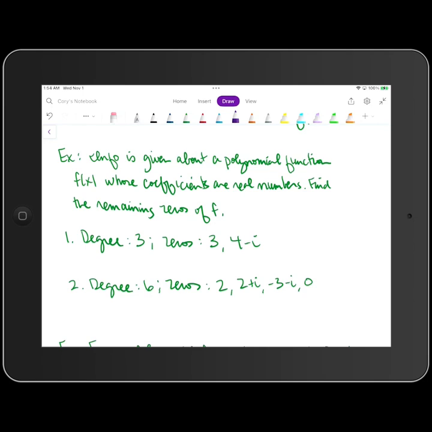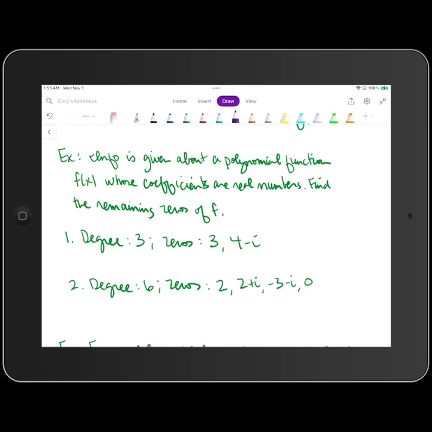Okay, so for problem number 1, we are told the degree of our polynomial is 3, and we are given 2 zeros for the polynomial. The first zero is a real zero, being 3. The second one is a complex zero, 4 minus i.